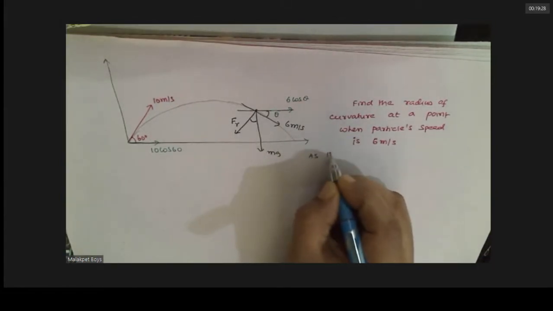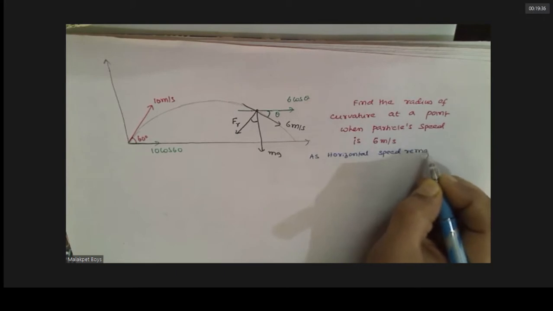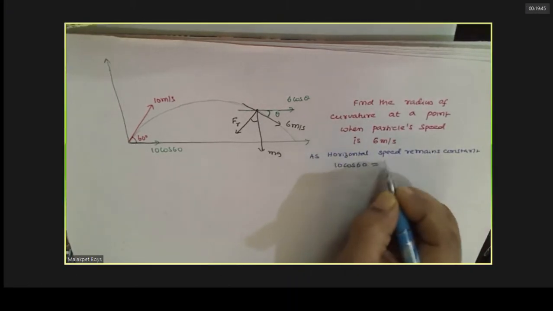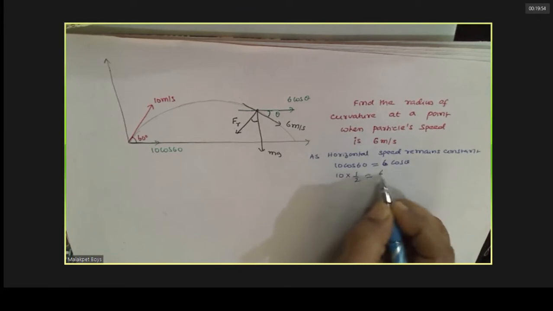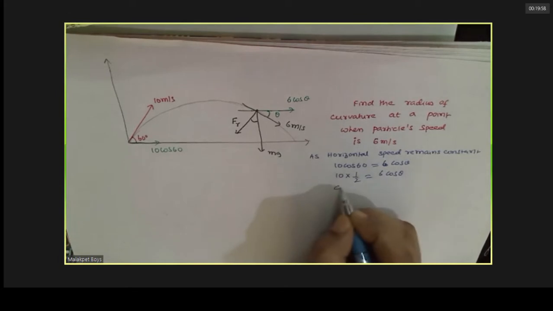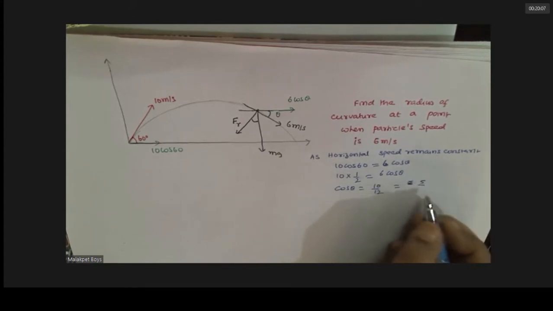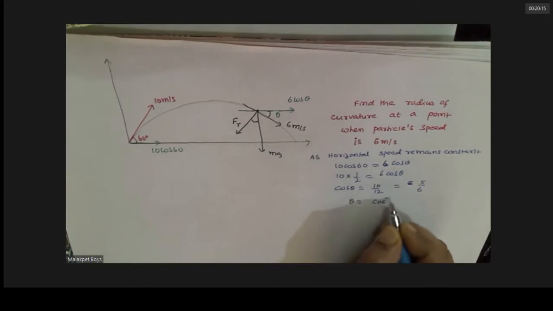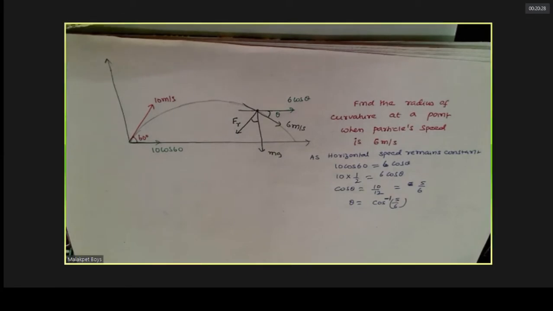So we have 10 cos 60 equals 6 cos theta. Agree? Any doubt till here?